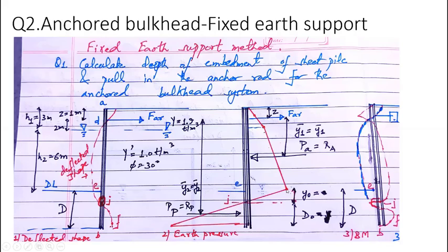At dredge level, this is the active pressure distribution, the effective active pressure PA, which acts at a distance from the location of the anchor rod of Y1 bar. This is the passive resistance. The effective passive resistance acts at a distance of Y2 bar from the location of the anchor rod. And from the dredge level to the point of contraflexure, the distance is Y0.